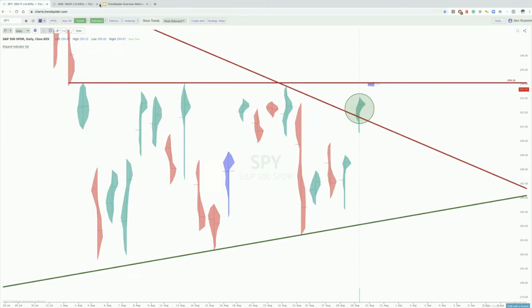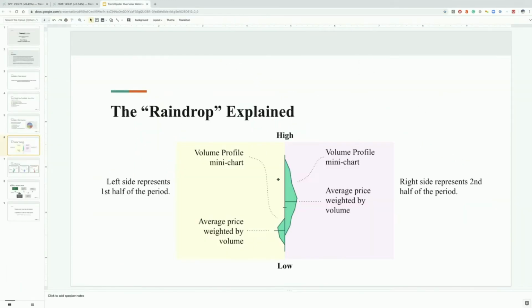I'm going to go to a diagram here and explain it a little bit, and then we'll go back to the charts. But what you have here is a left side of the candle and a right side. The left side represents the first half of the day, the first half of the 30 minutes, whatever time frame you're looking at. And then the right side represents the second half of the day or second half of the 30-minute candle, whatever you're looking at.